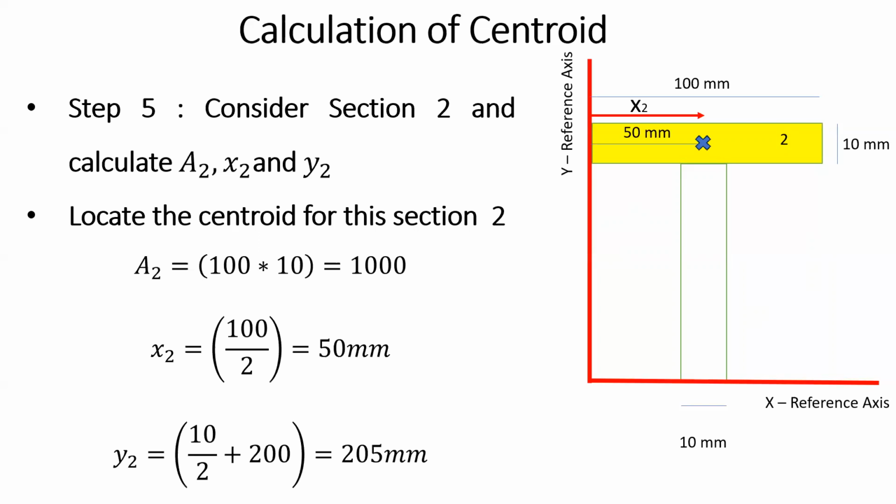Whereas the distance of the centroid from the x reference axis will give you y2, which is 10 by 2 plus 200. The 10 by 2 is the centroid of section 2 with respect to its own axis, and the x reference axis does not coincide with the member, so we are just going to add the distance of 200 mm to the centroid distance. So y2 will be 205 mm.